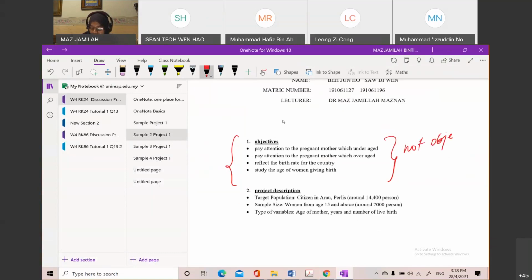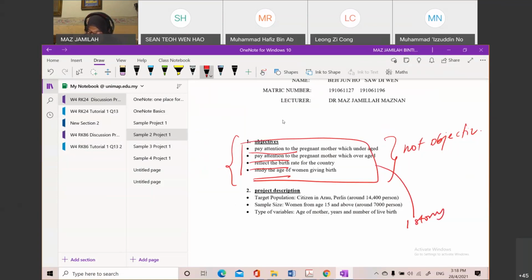You have to rephrase your objective wording to, for example, to investigate, to study, to find; find suitable objective words to reflect your objective. And when I say the whole story, at the end of your presentation, from these four objectives, we can come to one story that reflects your data set.